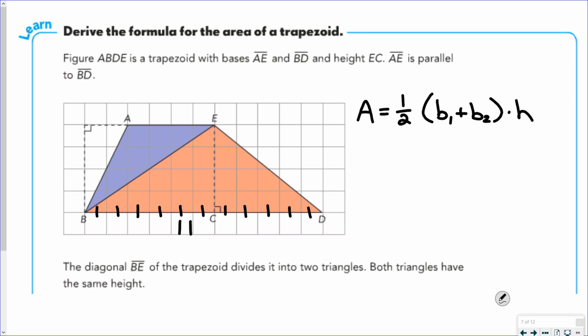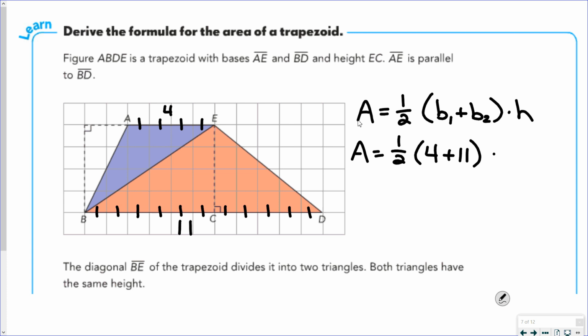The other base is going to be parallel to it and on the opposite side, and so that's going to be the section AE, 1, 2, 3, 4. Okay, so the area here would be 1/2 4 plus 11. Because base 1 is 4, base 2 is 11, or base 1 is 11, base 2 is 4, so you do 11 plus 4. Either way, doesn't matter.